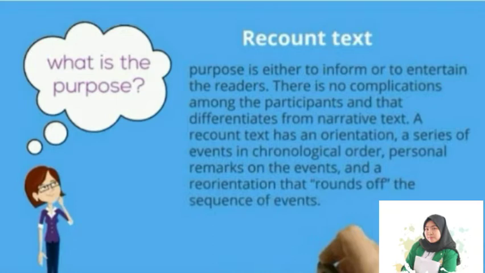Recounts are written to retell events with the purpose of either informing or entertaining their audiences, or both. In a simple word, the purpose of recount text is to retell past experiences, like I explained before.